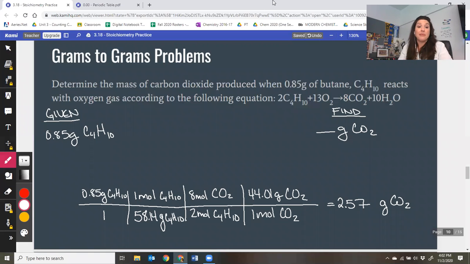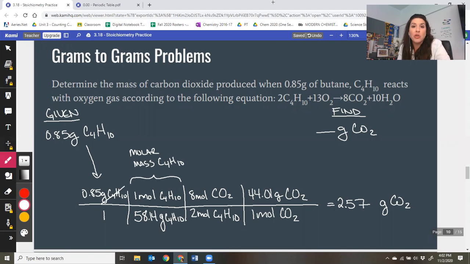Okay, here's how I did it. I started with my given and set it over 1. I did that so that my grams would be treated as a numerator. And in the next step, I found the molar mass of C4H10. And the molar mass was 58.14 grams per mole. So I chose to put grams down below so it would cancel out.